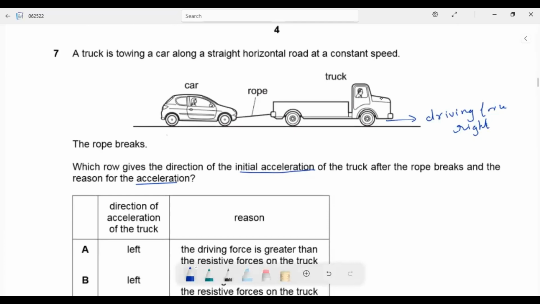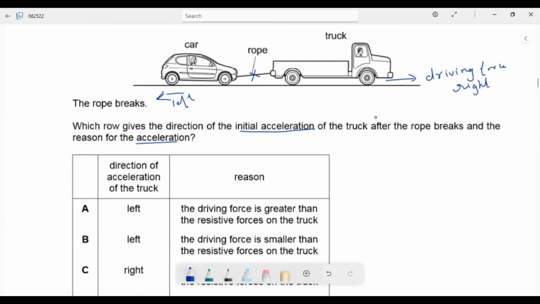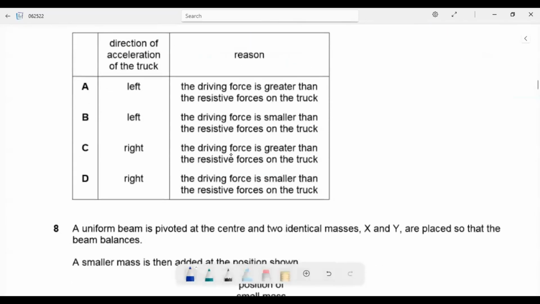The car has some resistive force that is pulling it backwards, or left. When the rope breaks, the resistive force has decreased and the driving force towards the right is there. So the right answer here is that the direction of acceleration of the truck will be towards the right, and the driving force is greater than the resistive force on the truck.